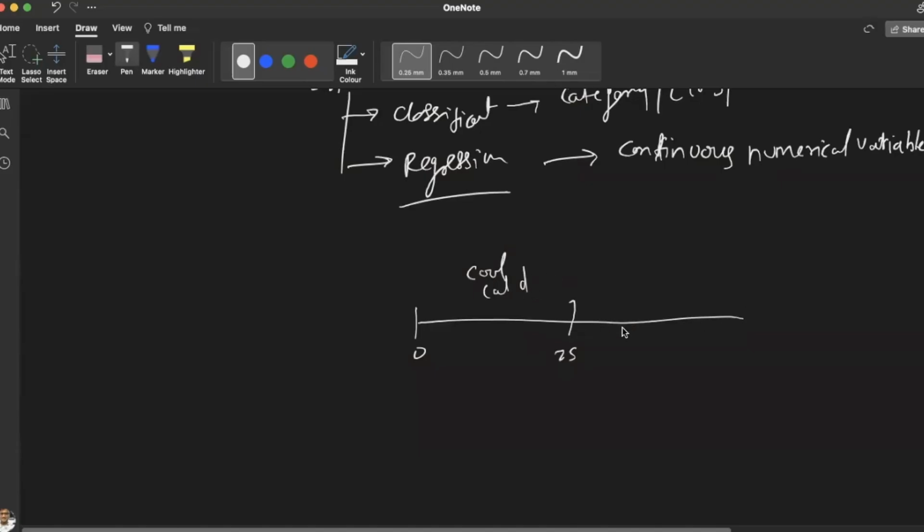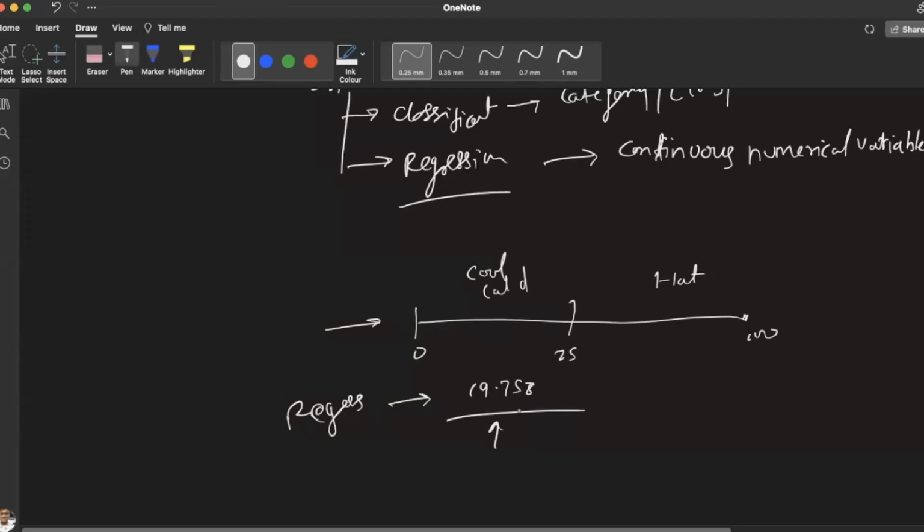And anything above 25, we can say it's hot, right? But the number can be anything. If you are predicting the exact temperature, for example 19.758, then it would be regression, right? Once again, it's a continuous numerical value.